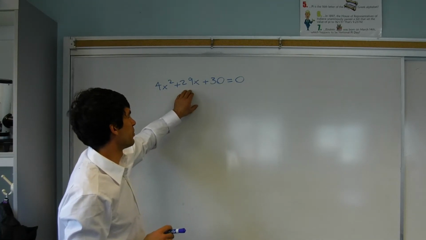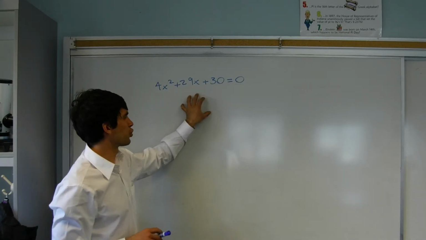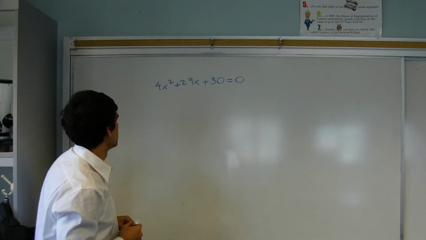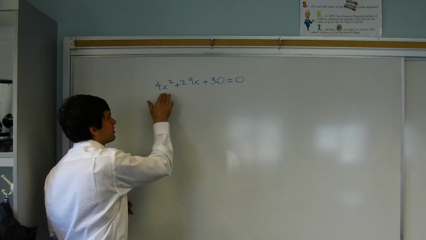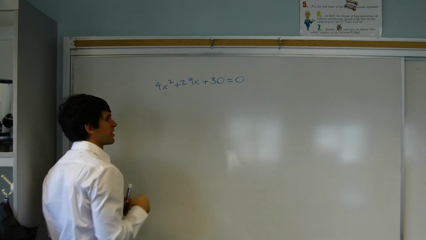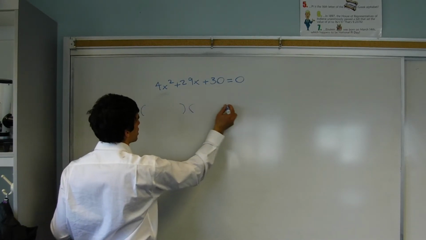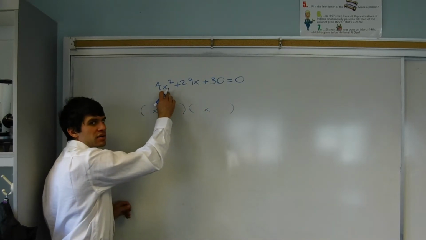29 is a prime number, so we can't divide this quadratic equation by anything to make it a little bit simpler. Additionally, we have two options for our first term pairings, because we need our first terms to multiply to 4x squared.